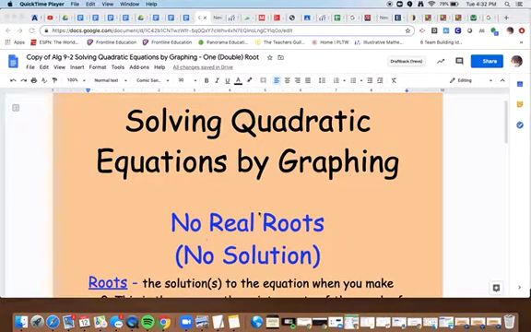And then the word real in this case, they have to make that distinction because there is a whole subset of numbers you're going to learn about later on called imaginary numbers and complex numbers. It's pretty wild, and it's really interesting stuff, but we're not at the point yet where you need to know about that.